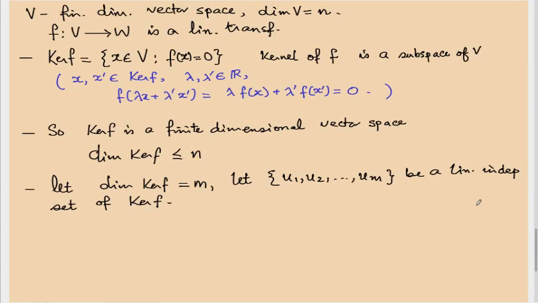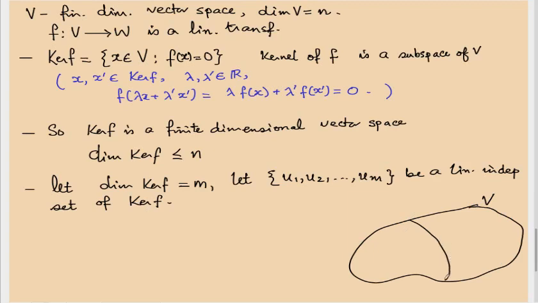So, here is the picture. Here is my V. Here is kernel of F. And here are my M vectors. Its span is this.